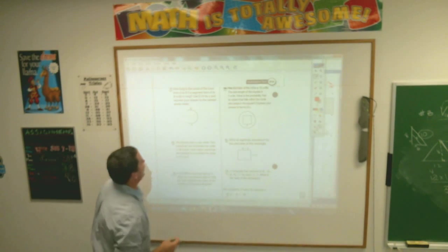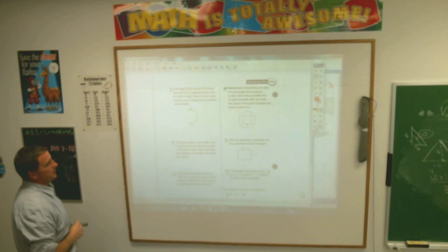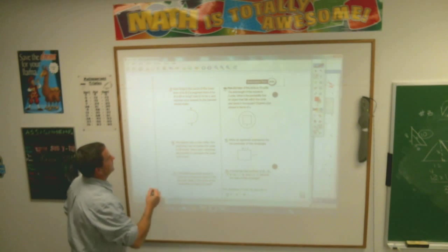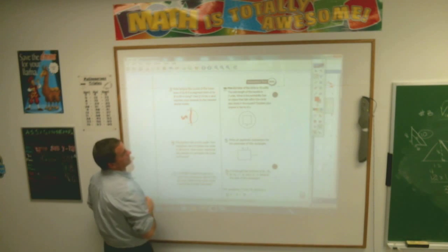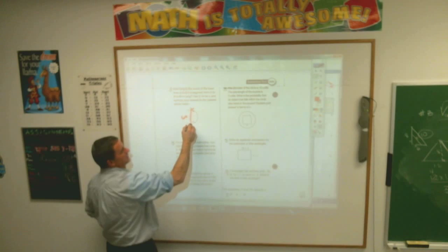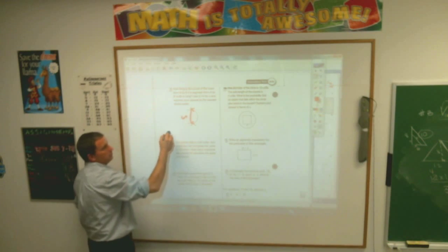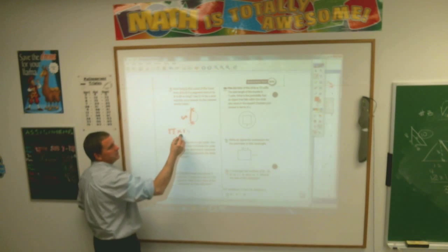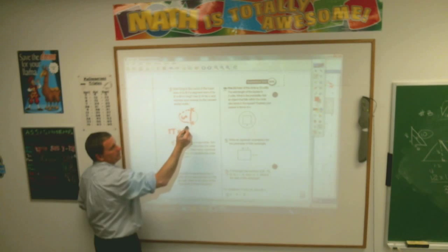Number 9, how long is the curve of the track from A to B if the segment from A to B is 60 meters long? This is 60, so all you're looking for is the circumference of a half circle. The circumference of a circle is pi times diameter, but that's a whole circle, if it went all the way around.